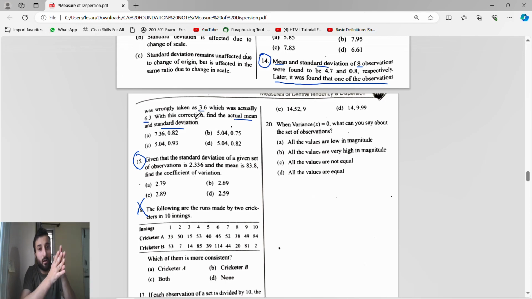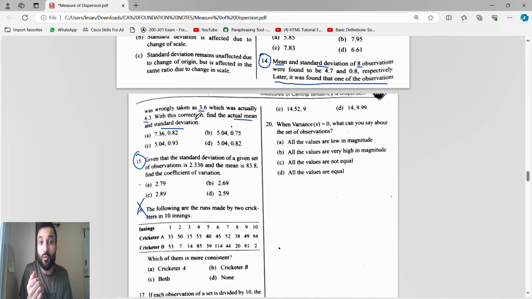From this they will say that some values were wrongly taken, or some value got misplaced, or some value got left out and we have to add it. They can say one of the observations, or two of the observations were wrongly taken, or that one of the observations is left out, so we are adding it.